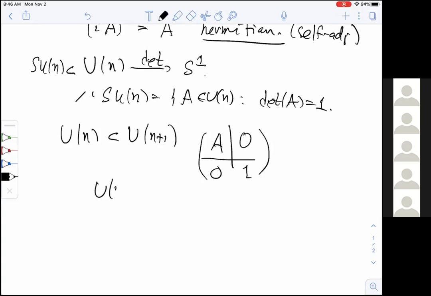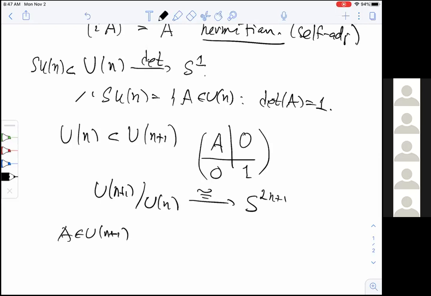If you take the quotient U(n+1) modulo U(n), there's a diffeomorphism of this to the unit sphere in C^(n+1), so that's a sphere of dimension 2n+1. You simply take an A in U(n+1) and send it to A applied to the last unit vector, the vector 0, 0, 0, 1. The point is that this subgroup stabilizes that vector.